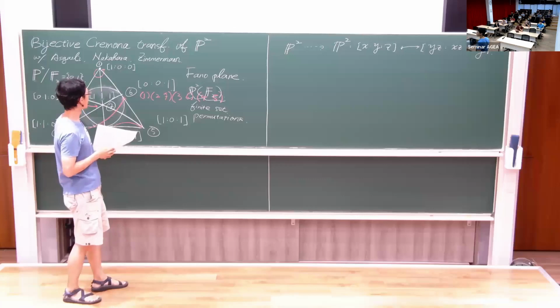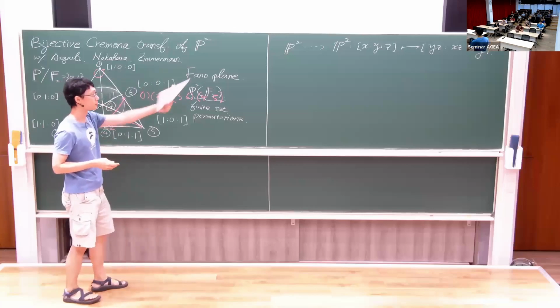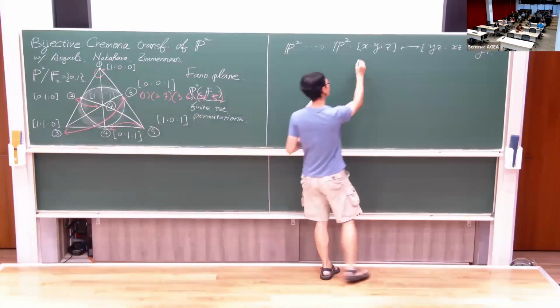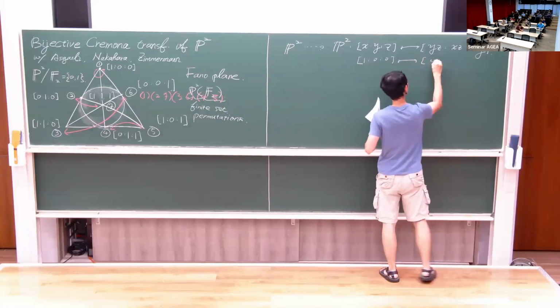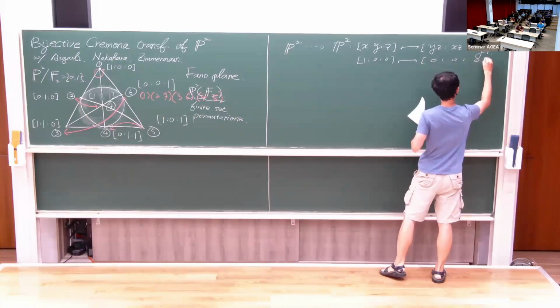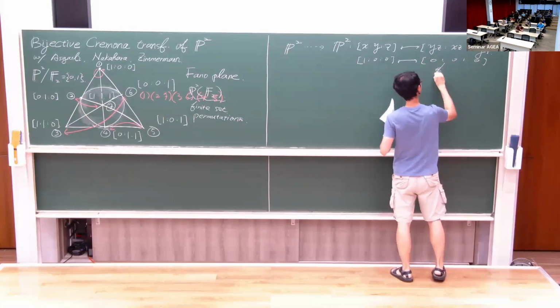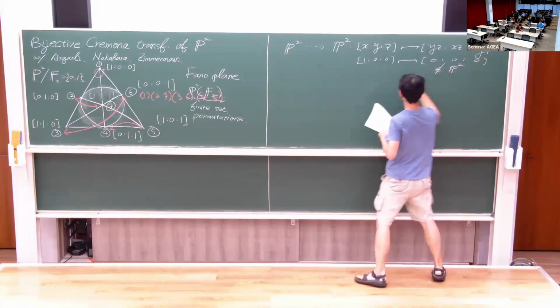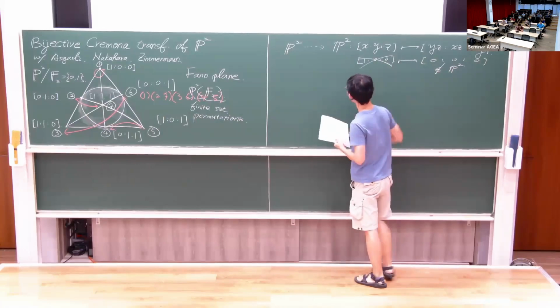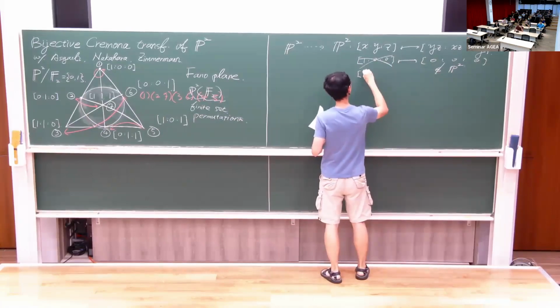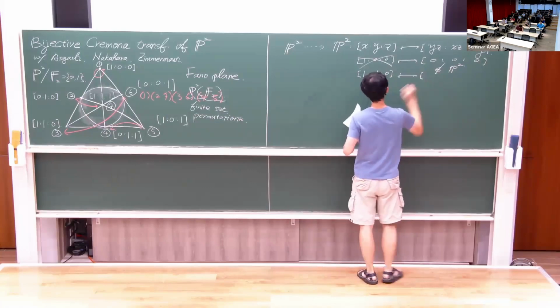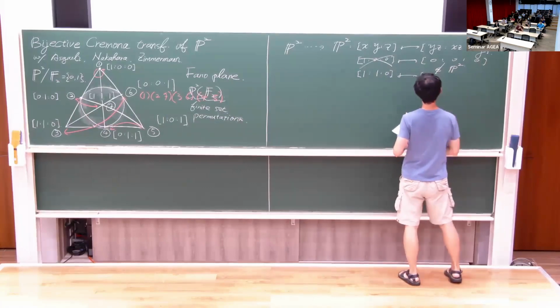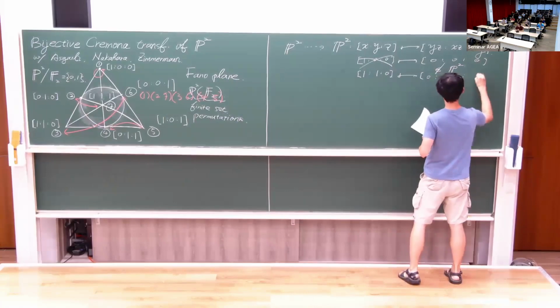So for example, 1, 0, 0, if you plug it into this equation, you get 0, 0, 0, which is not considered a point in P2. So this point is not defined under this map. But if you consider 1, 1, 0, this is mapped to 0, 0, 1.